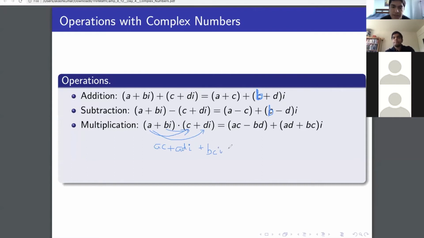And then this last step is a little bit tricky because you have bi times di. But if you take the i's and multiply them together first, if you remember, i times i, or in other words, i squared, is -1. So bi times di is really negative bd. So that negative comes from i squared equals -1.